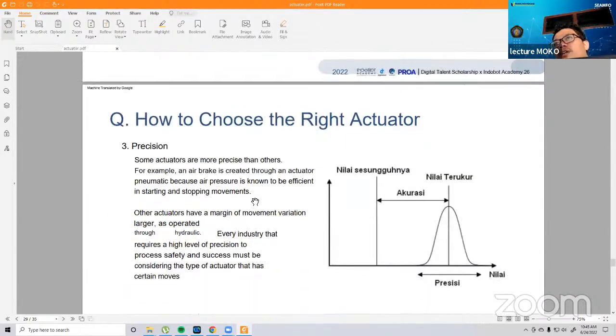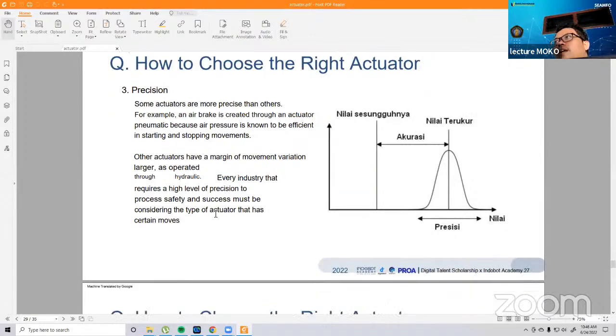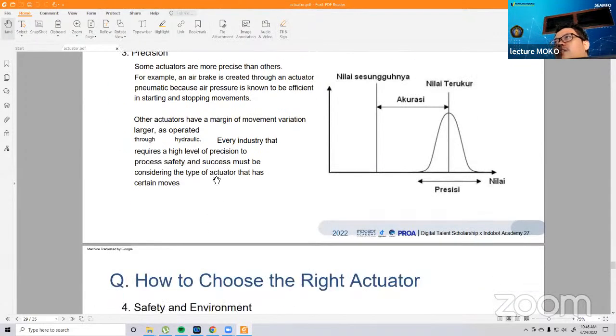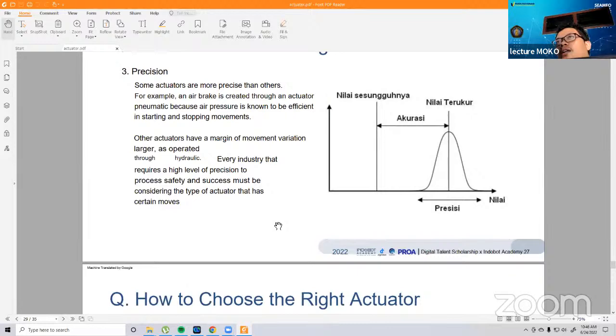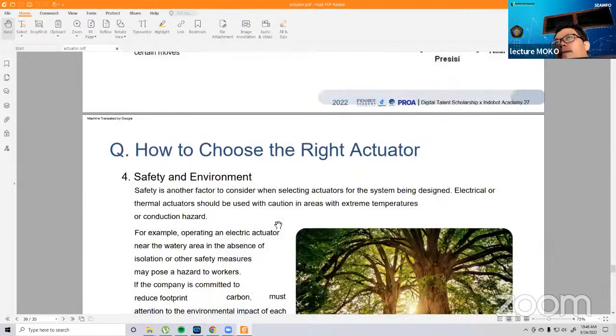And precision also we need to consider, because many actuators have different precision specifications. For example, if we use some mechanical or gearbox mechanization, we need to make sure that our actuator will be precise in our case.